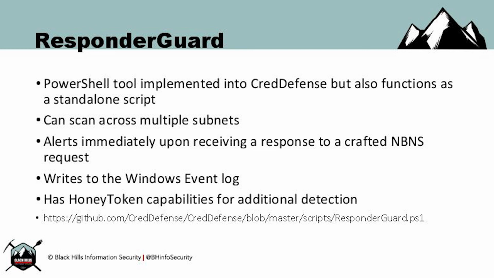One of the other things Responder Guard does is write immediately to the Windows event log, and that's what we're picking up on with CredDefense. Whenever it detects Responder, it writes to the Windows event log, and additionally has the ability to do honey tokens. So if you want a secondary mechanism for detecting an attacker on the network, let's say you detected them and knew Responder was running, but you weren't fast enough to stop them or find out who they were.